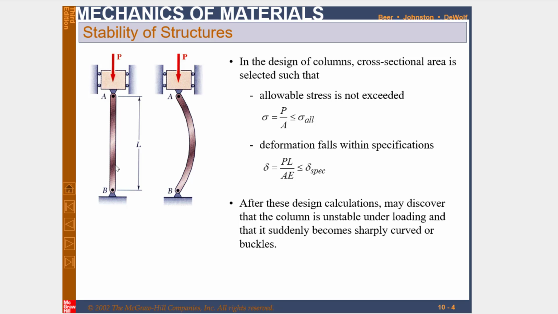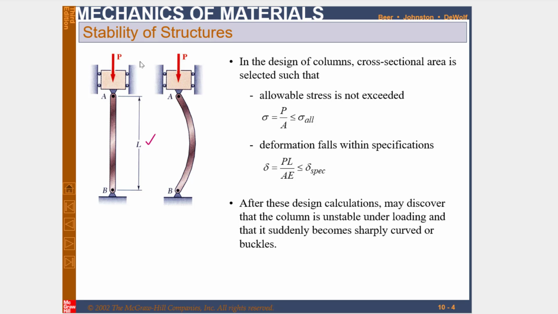You can see this is a column AB of length L that is pin supported at both ends, clear, and that is acted upon by a centric axial load. By centric axial load we mean that it is passing through the center of this column, clear.